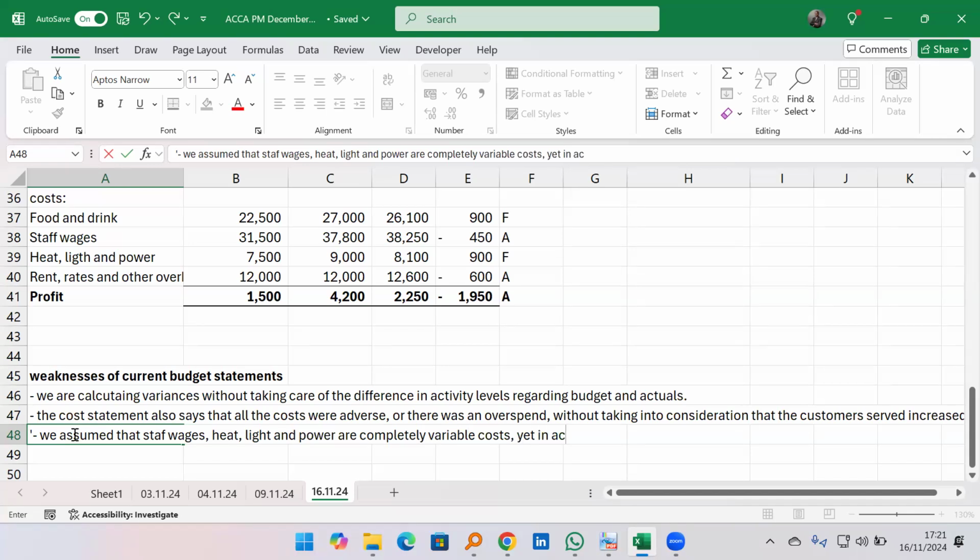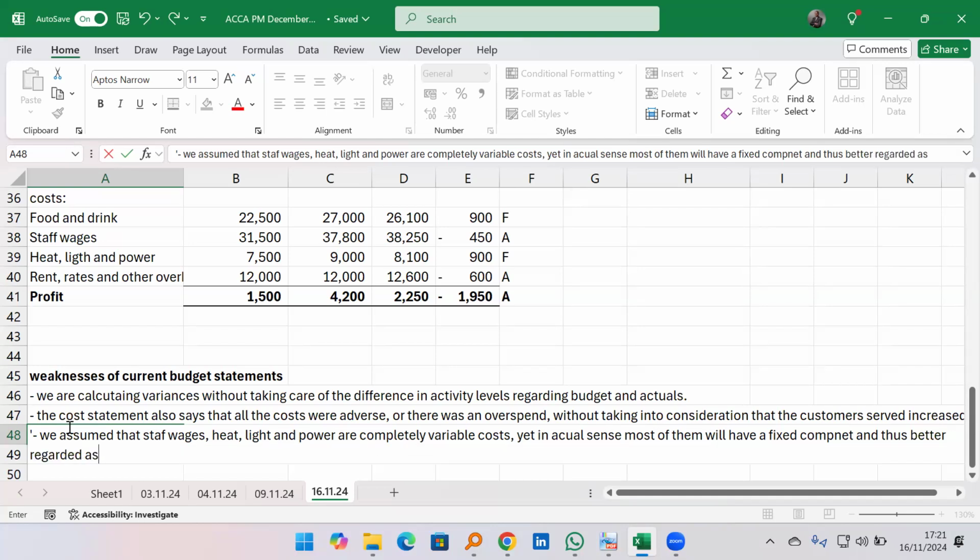Yet, in actual sense, most of them will have a fixed component, and thus are better regarded as semi-variable costs.